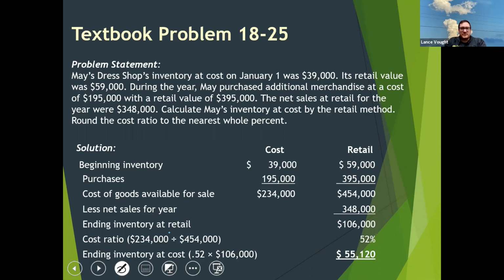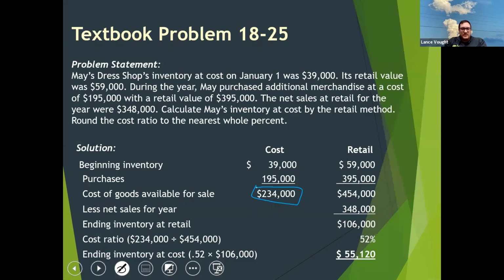During the year, they purchased additional merchandise at a cost of $195,000. If you add the $195,000 of purchases to the existing inventory, the total cost of the inventory available for sale is $234,000.